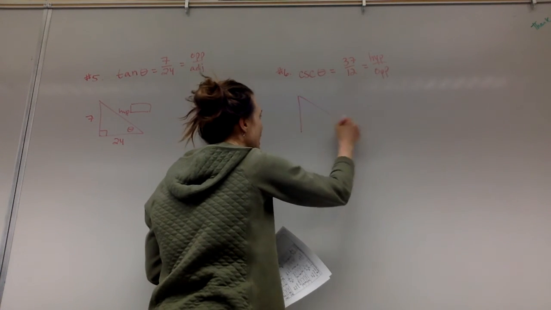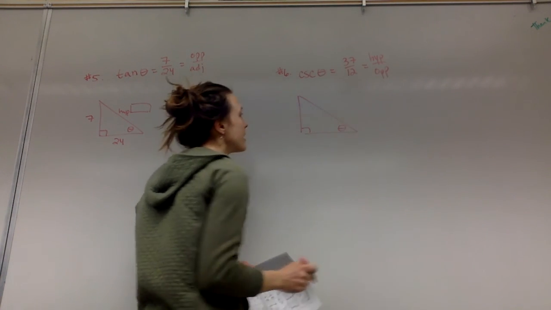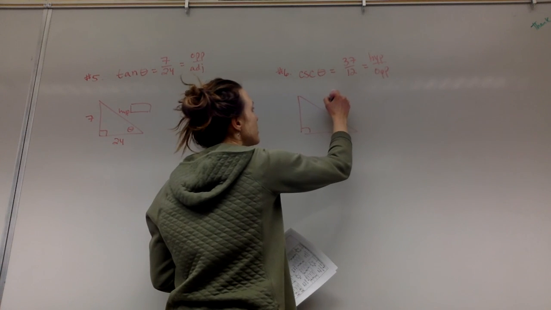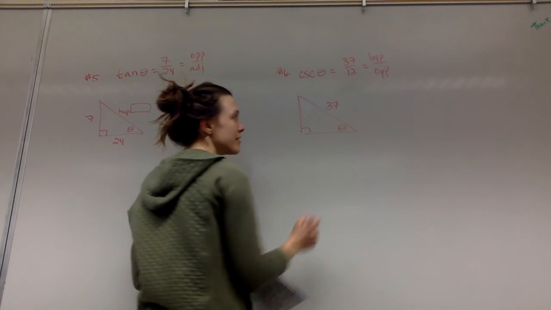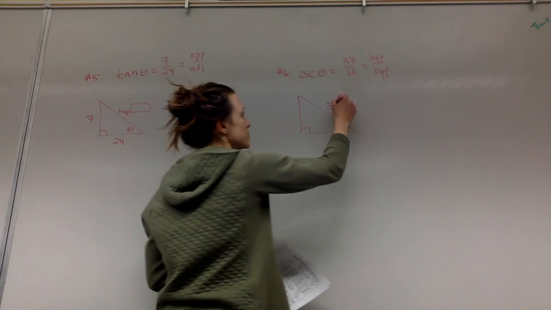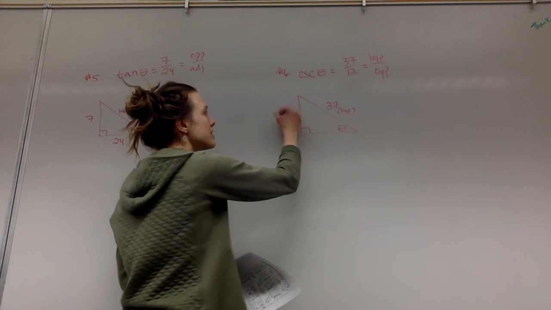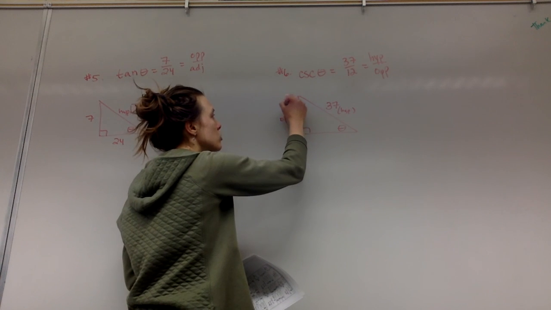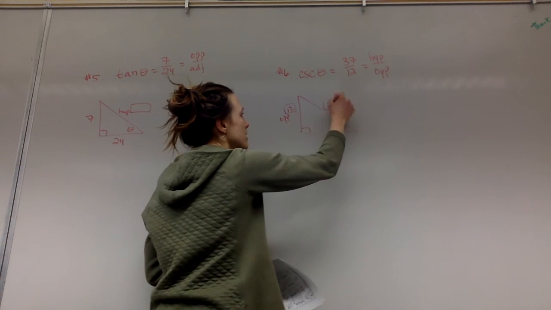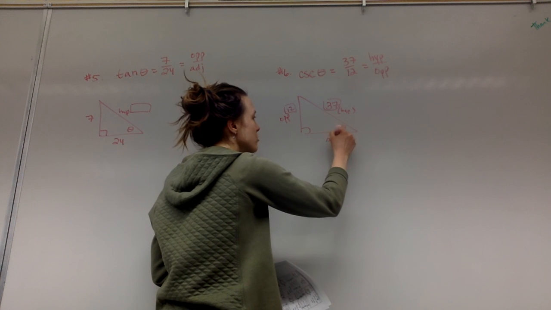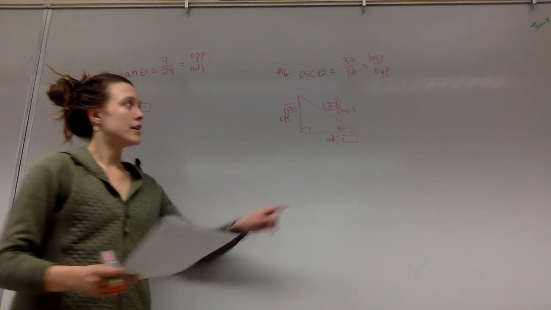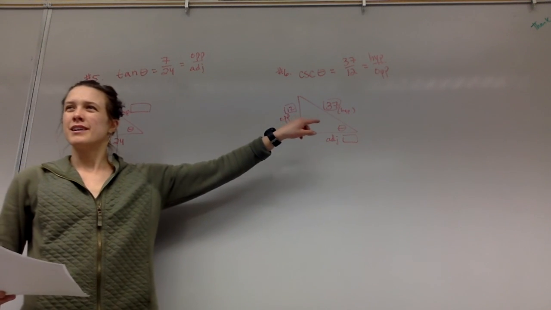So if I draw this standard triangle again, I know this is my hypotenuse, so this is 37, because this is my height. Looking at this theta angle, this is my opposite, so that's 12. And then this is my adjacent, and I'm trying to solve for that one. Bada bing. Oh, okay, that makes sense.